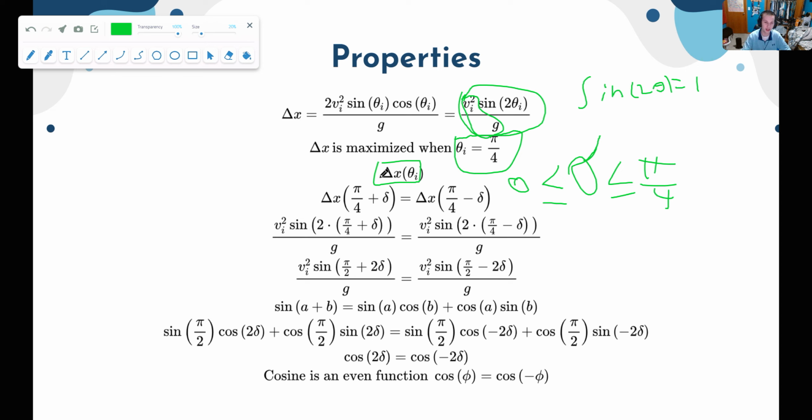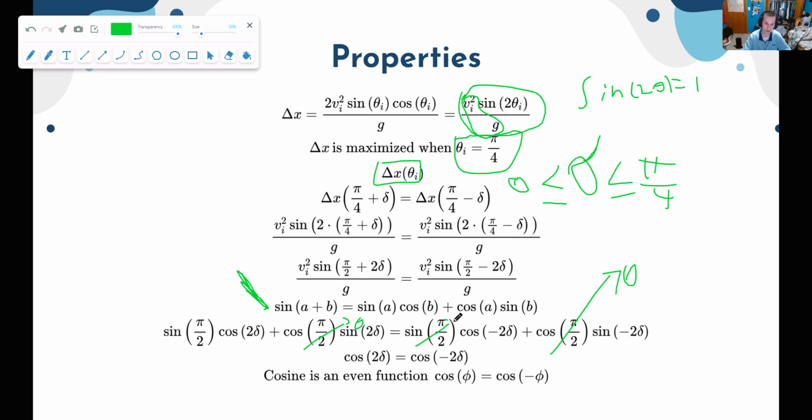So we're just going to plug our value pi over 4 plus delta into our equation, and then pi over 4 minus delta into the equation. We end up getting pi over 2 plus 2 delta and pi over 2 minus 2 delta. And we have to use an additive trigonometric identity. So cosine of pi over 2 is 0, so these terms go to 0.